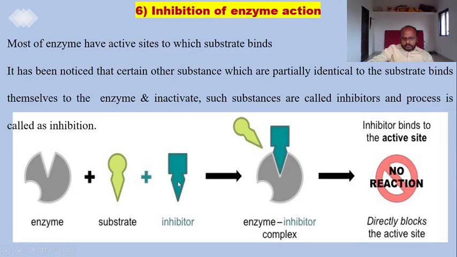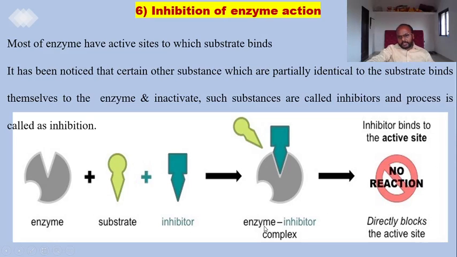It is only partially identical, and when the enzyme acts on this substrate, the reaction cannot complete, because this partially identical substrate cannot bind properly to the enzyme, and therefore the reaction is inhibited. This partially identical substrate is called an inhibitor, which means it inhibits the reaction.